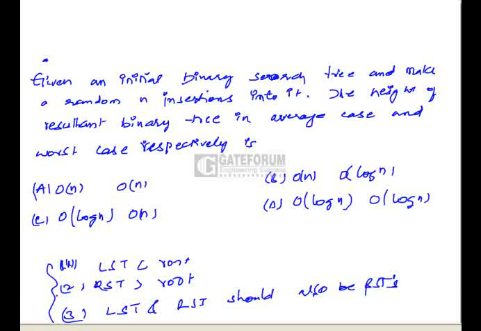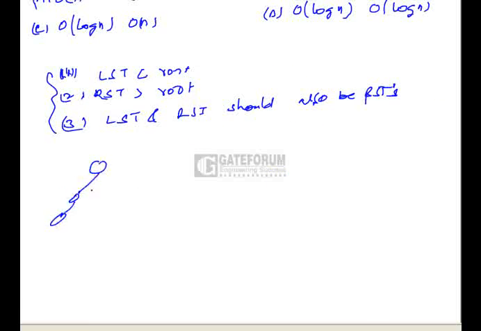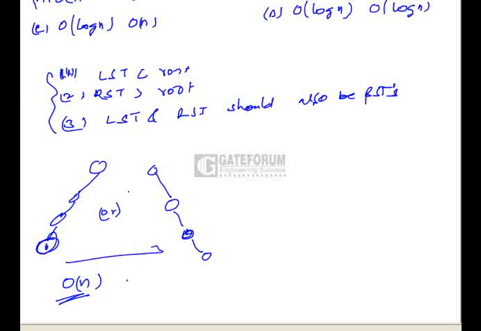binary search tree. Here, if the elements are inserted in ascending order or descending order, then the resultant tree would be like this. Or like this. Then the height would be order of n, where n is the number of elements. This will happen when the elements are in either increasing order or decreasing order.